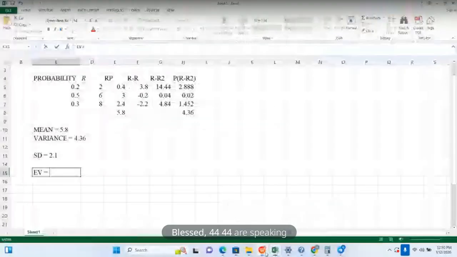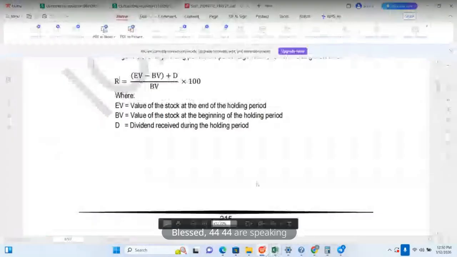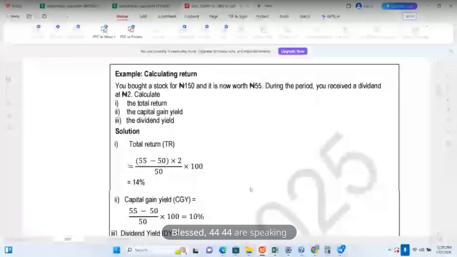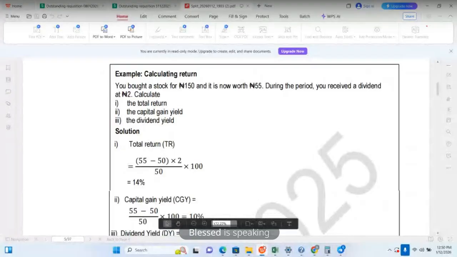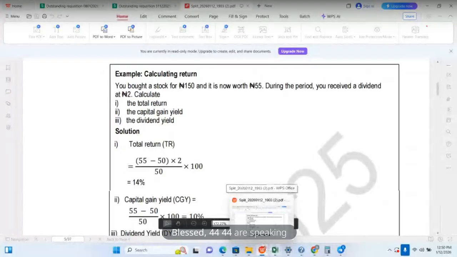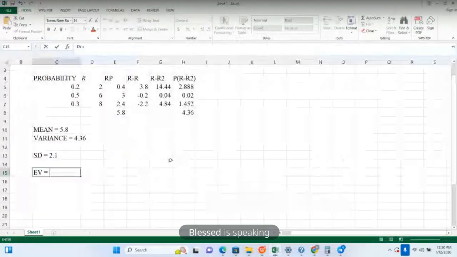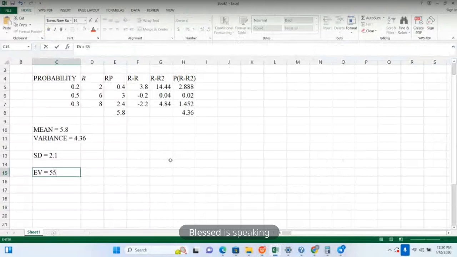Coming back to the question. You bought a stock for 50 naira and it is now worth 55 naira. So we come to our working sheet and write 55.